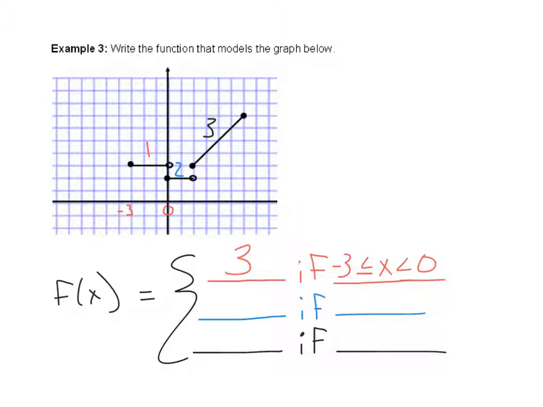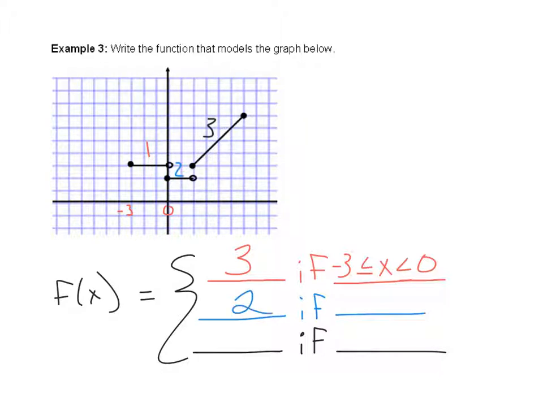All right, time for the blue piece. The blue piece, when I look at it right there, is a horizontal line again, so it has to be a constant. It's that piecewise, right? So we have y equals, it looks like it's hitting at 2 on the y-axis. So that's going to be the line y equals 2.